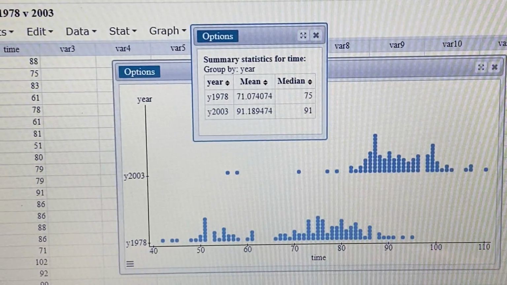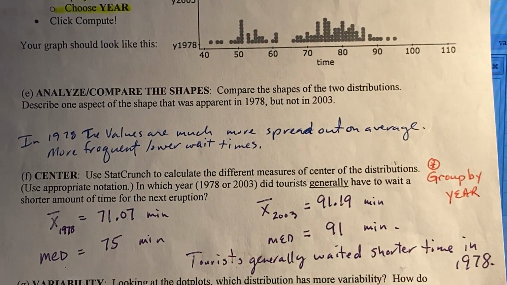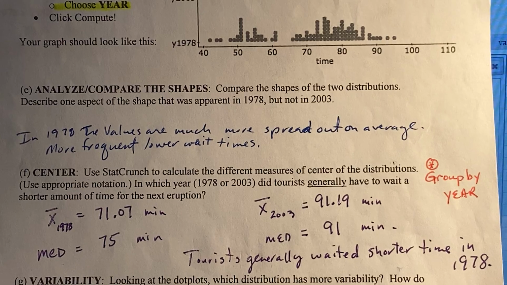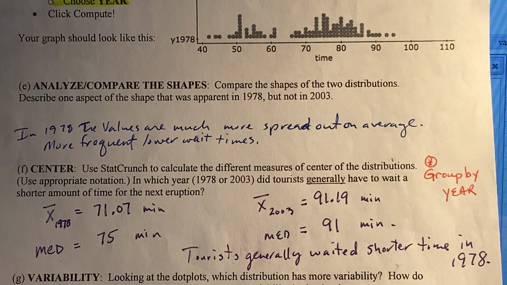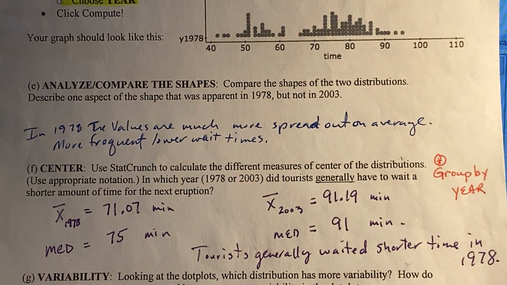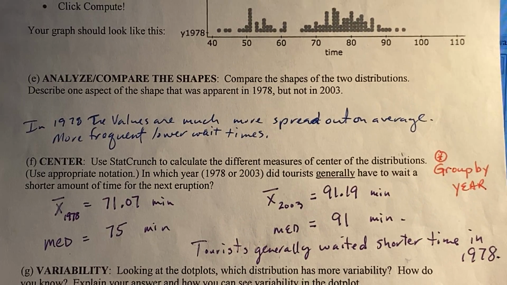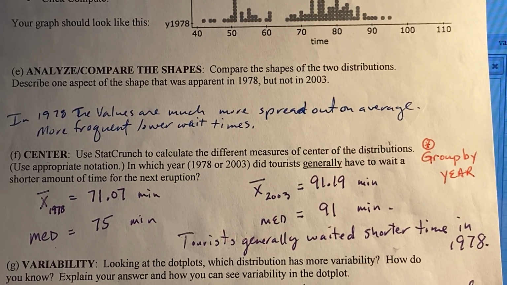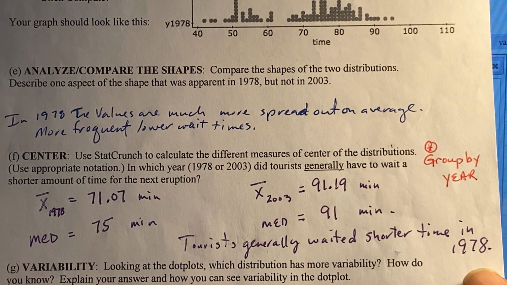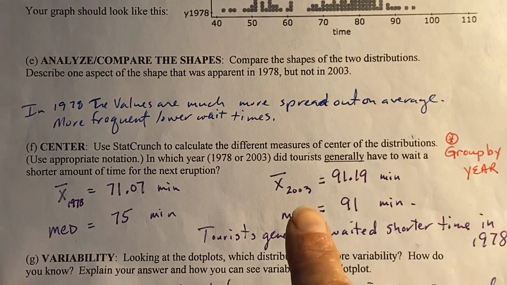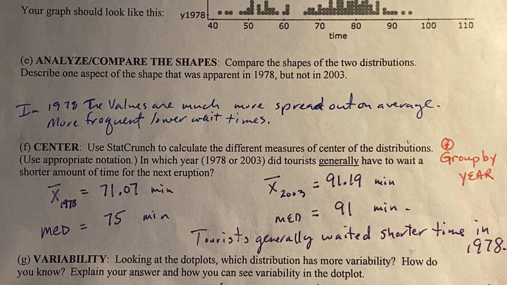Okay, so it looks like in general here, using my proper notation, X bar sub 1978 and X bar sub 2003, I've got the mean of each of those rounded to 2 decimals and the median for each of those. So it looks like tourists generally waited a shorter time for the next eruption in 1978. They had to wait longer on average in 2003 for the next eruption.